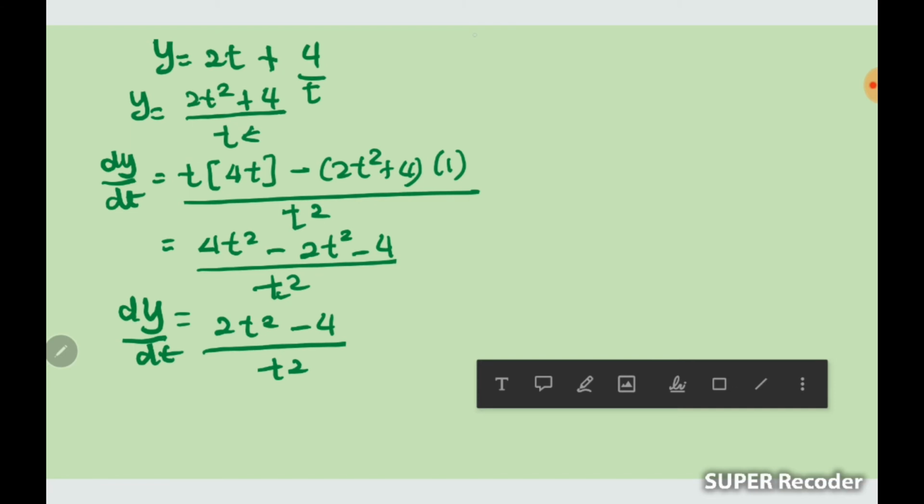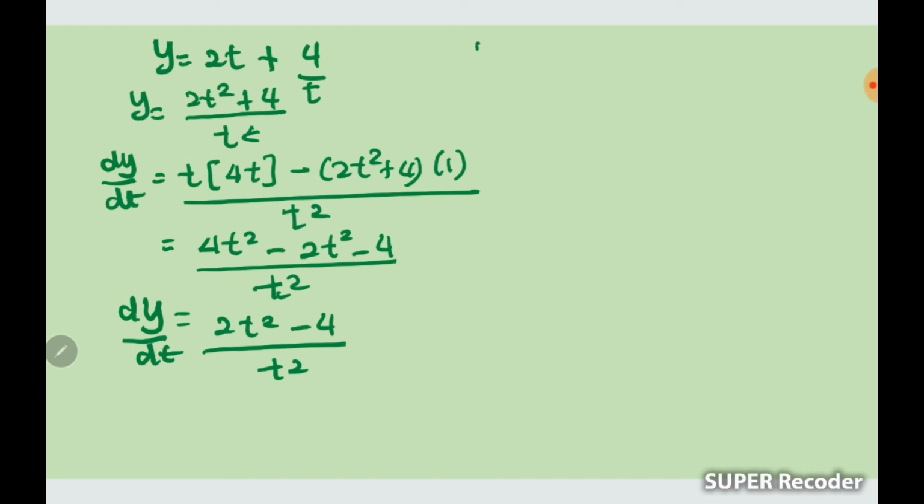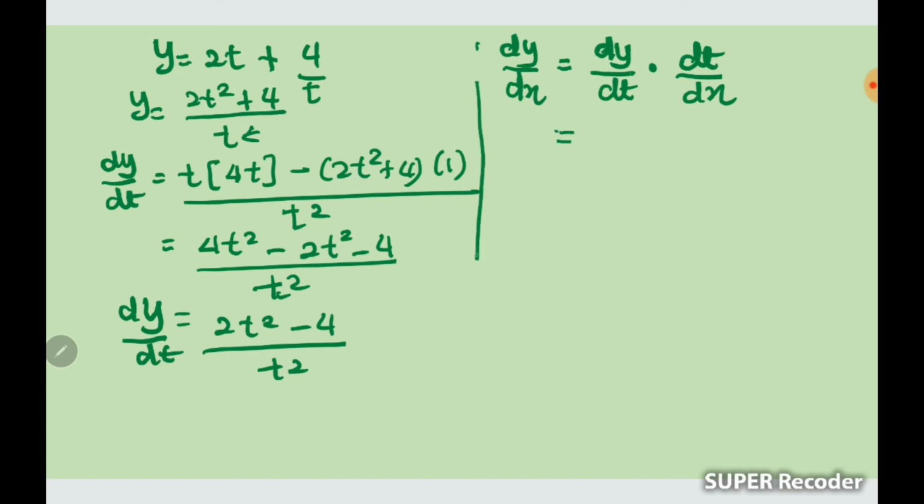Then the question asks to find dy/dx. Therefore, dy/dx equals dy/dt multiplied with dt/dx. So we substitute the value for dy/dt, that is 2t squared minus 4 over t squared.